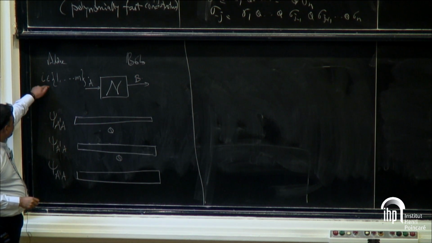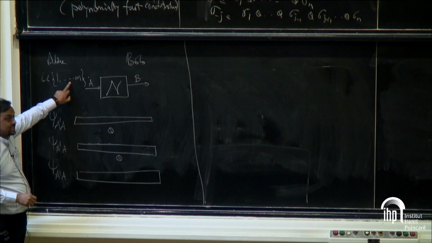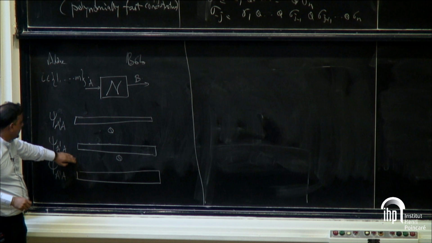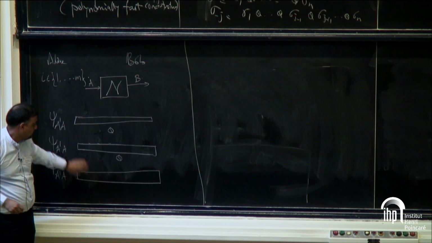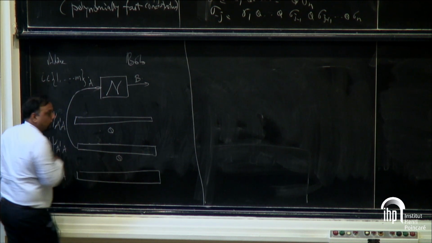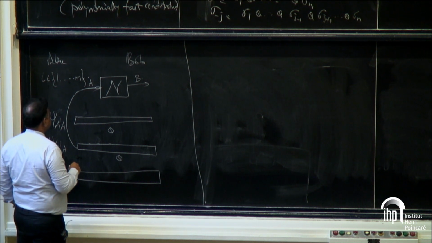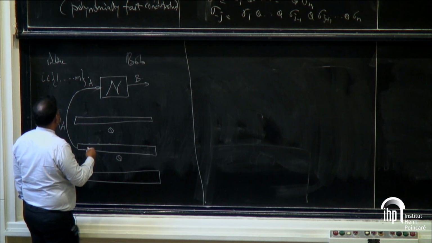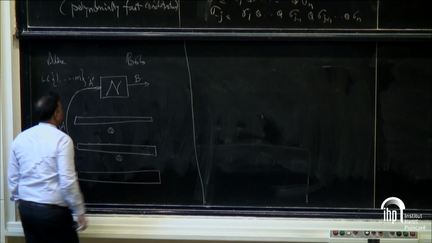So what Alice does is, if she wants to transmit I, she simply takes the ith copy of this shared entanglement and feeds it into the channel, okay. All right, and let me call the channel from A prime to B.